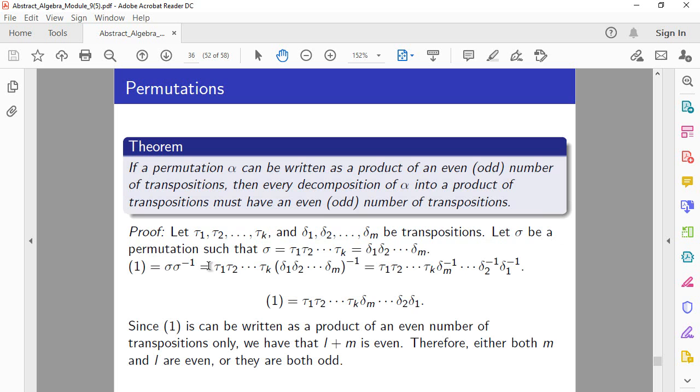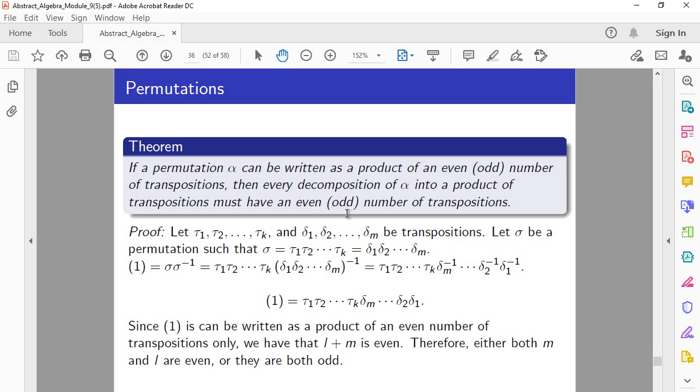If a permutation alpha can be written as a product of an even number of transpositions, then every decomposition of alpha into a product of transpositions must have an even number of transpositions. And I can make the same statement with odd. So what we are saying here is that, given a permutation alpha, I can express that as a product of transpositions in many different ways.